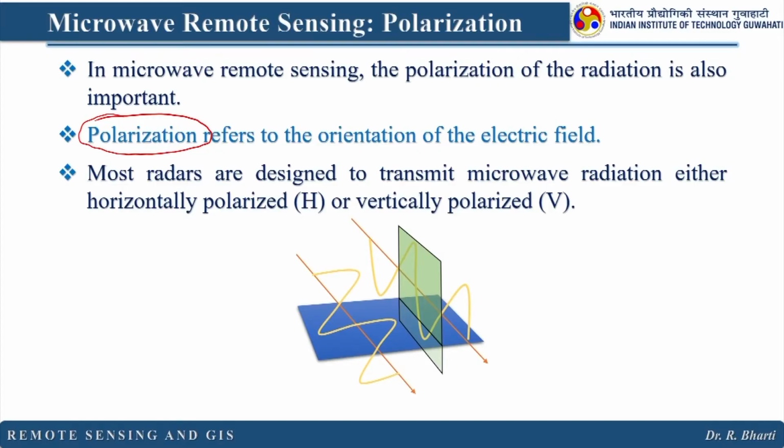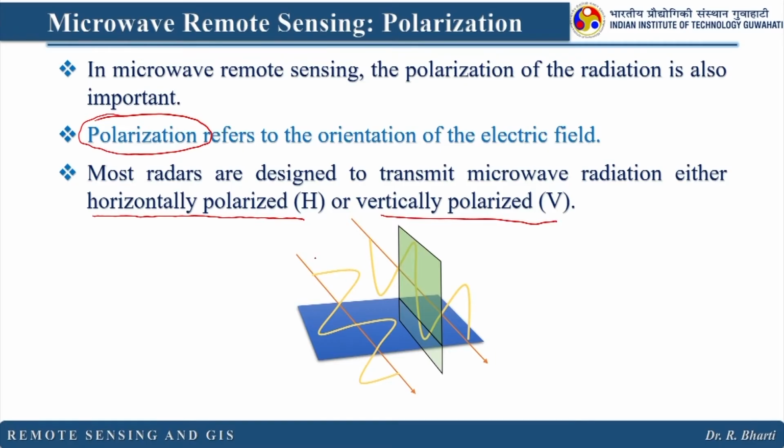Here you can see the active microwave radar sensors. They will illuminate the surface, but how? By emitting light in the microwave region, and the electric field will be managed so that they use either horizontally polarized or vertically polarized light.